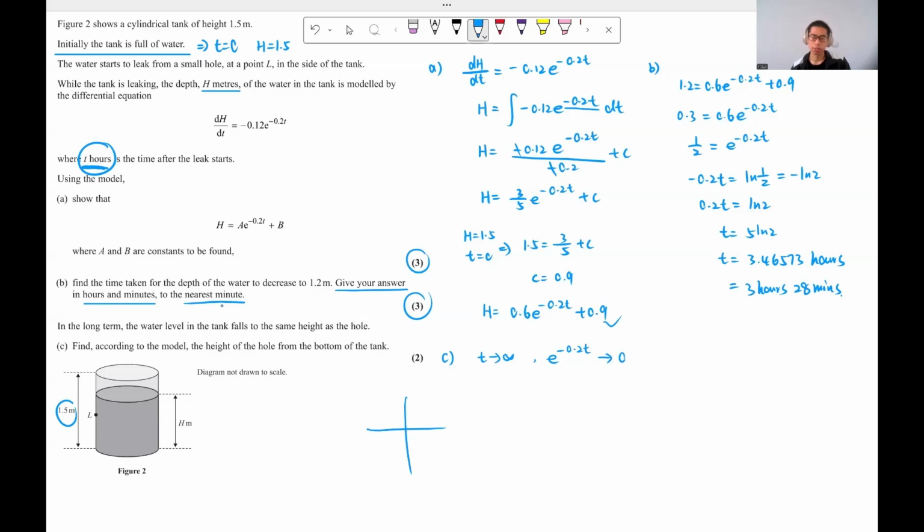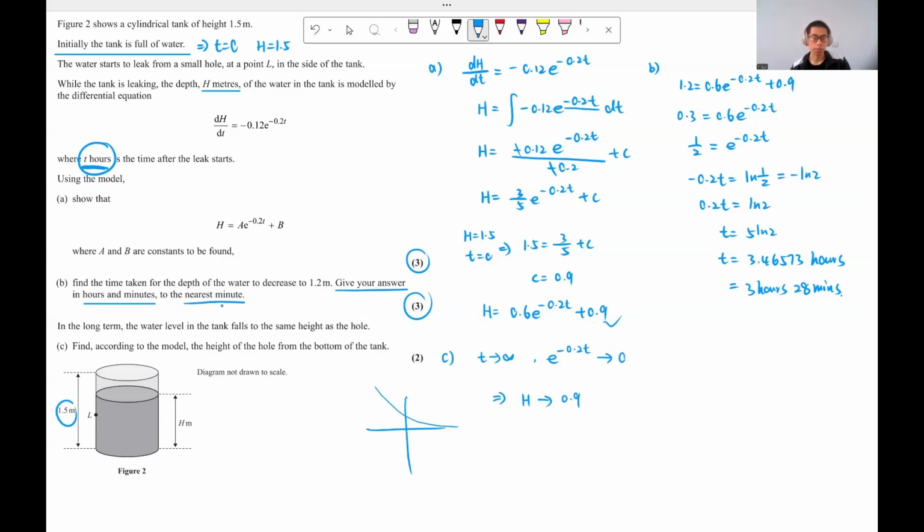Because e to the power negative 0.2t will go something like this, a diagram. As t gets bigger, it gets smaller and smaller, eventually turning to 0. So h should turn into 0.6 times 0, which is just 0, plus 0.9, which is just 0.9.